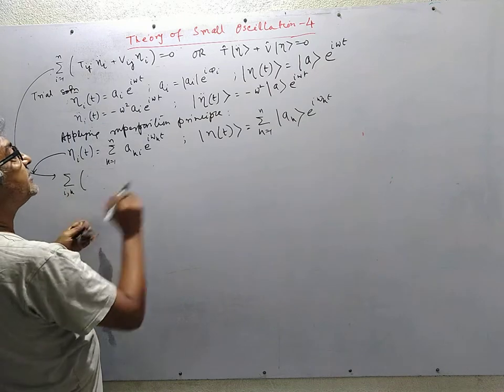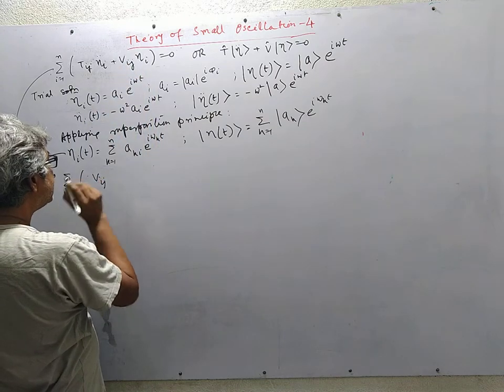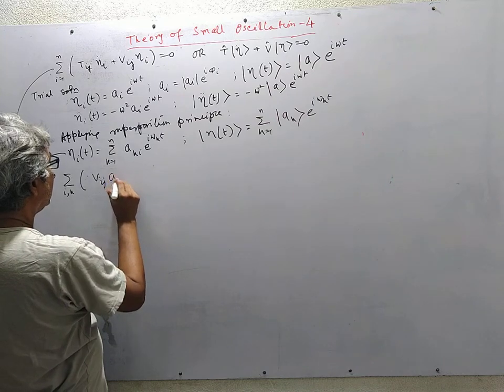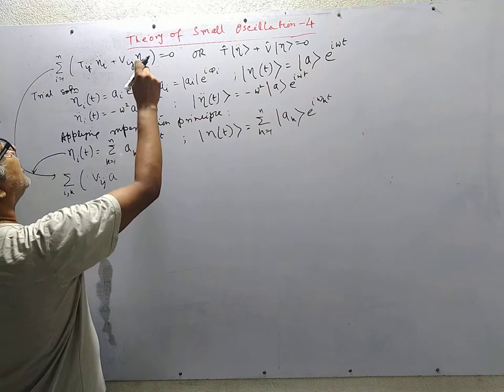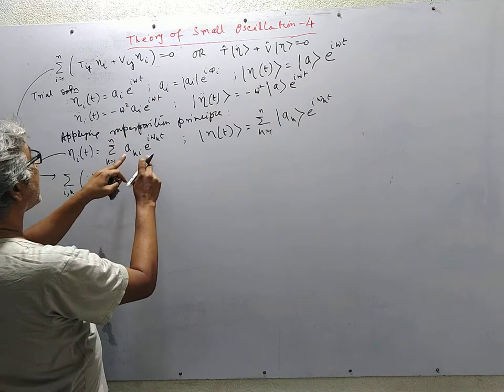First let me write this term, this is V_ij. For eta_i we now write this one.